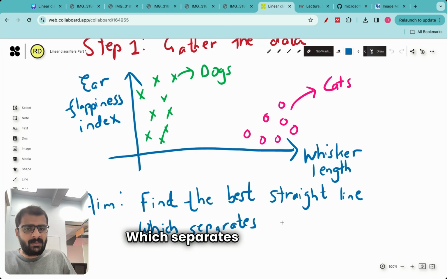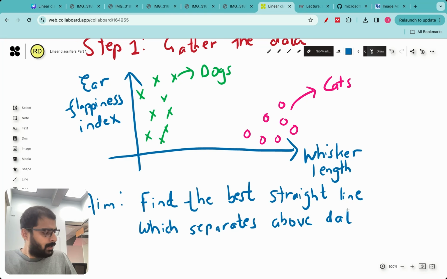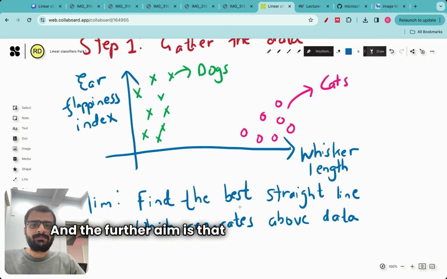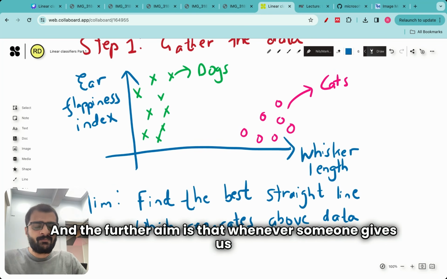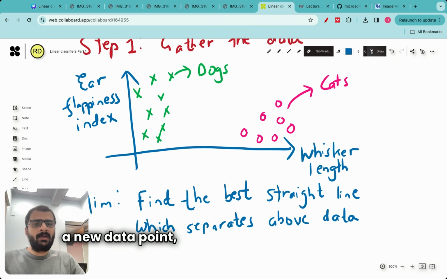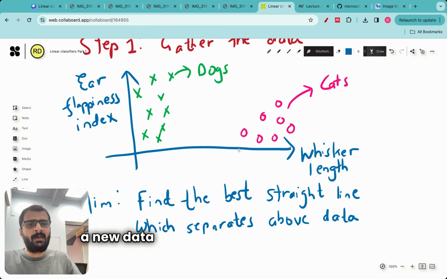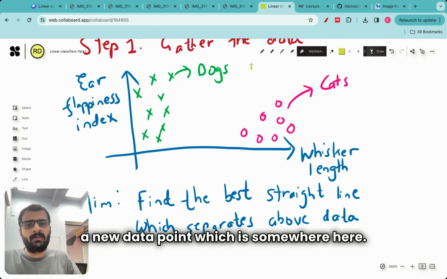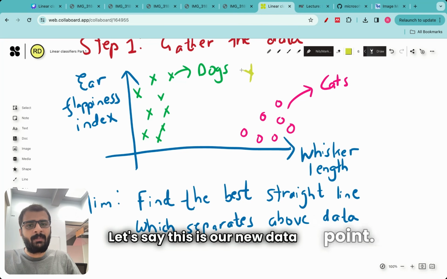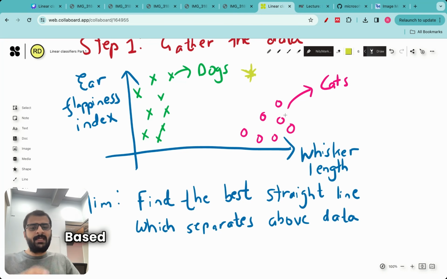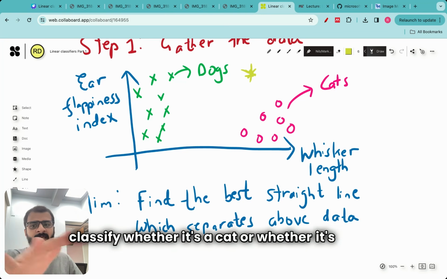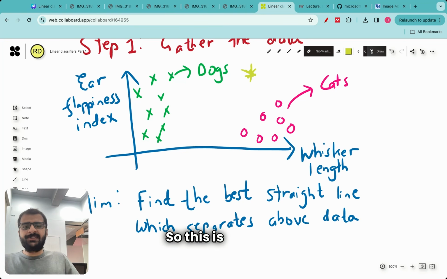So that's our aim. And the further aim is that whenever someone gives us a new data point, let's say someone has given us a new data point, which is somewhere here. Let's say this is our new data point. Based on that straight line, we should be able to classify whether it's a cat or whether it's a dog. So this is the aim.